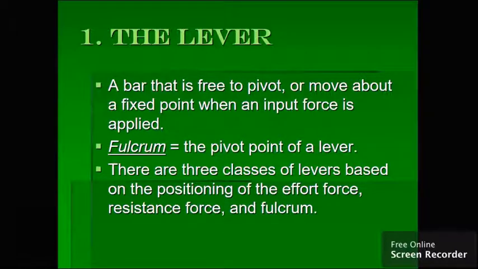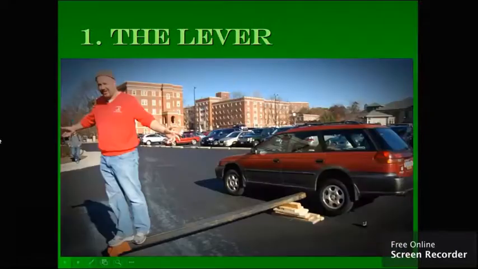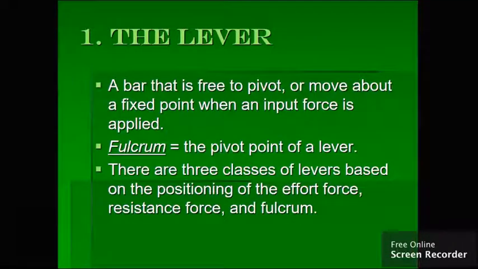Oh, where's the picture? There it is. Okay, so there is a lever. There's the guy standing on, if you look closely, you can see that's a steel beam, and he's got some wood piled up, and that's what the lever sits on. And then the other end of the lever is under the car. So all these parts have names.